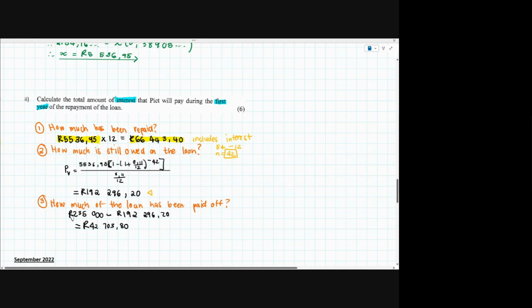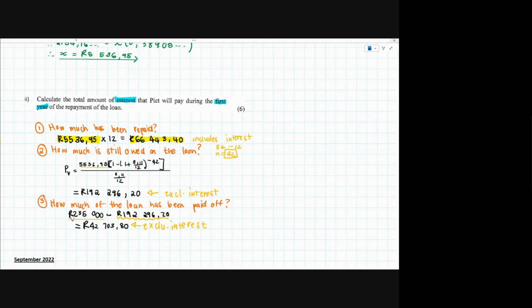Right, this value over here, how much you have left to pay of your loan, this doesn't include interest because by nature of your formula, what it's doing is it's taking your monthly repayments, essentially it's taking off all of the interest that would have been accumulated over however long the period is, whatever you're working with. In this case, we were working 42 months. And we're going back to, of this original loan amount, so before any interest was added, what do you still owe? And so this amount that we worked out here is saying, excluding any sort of interest, what do we still owe of the 235,000 Rand?